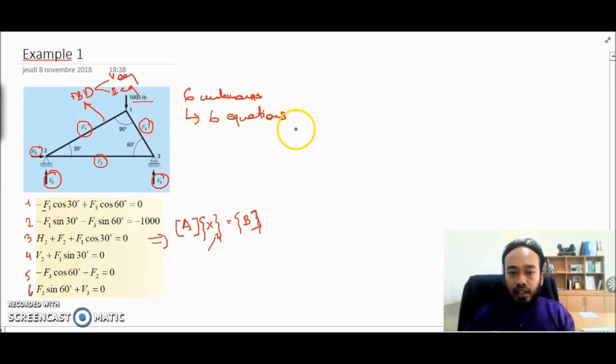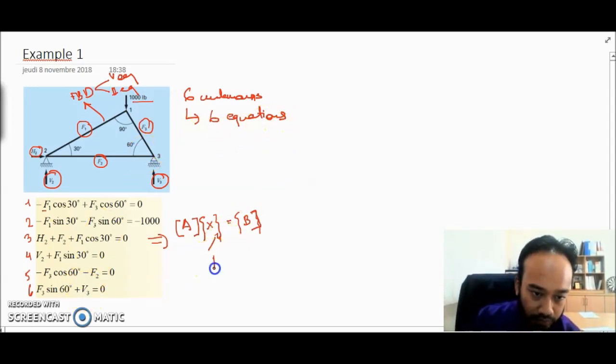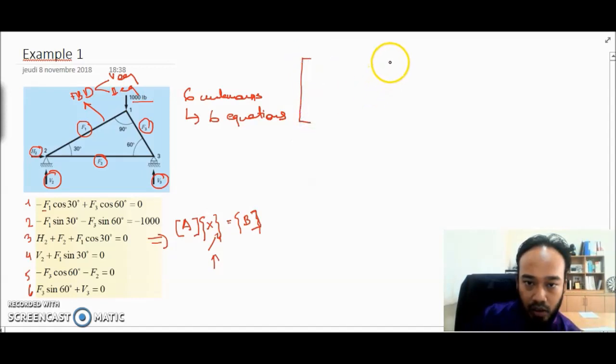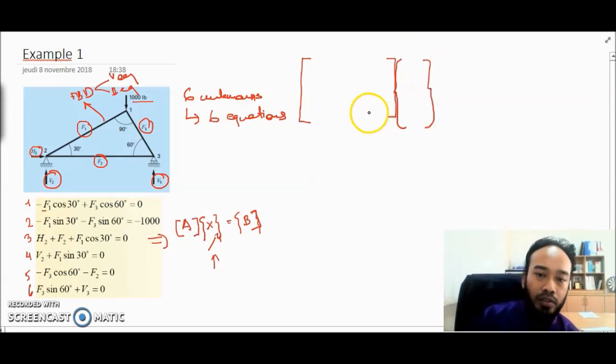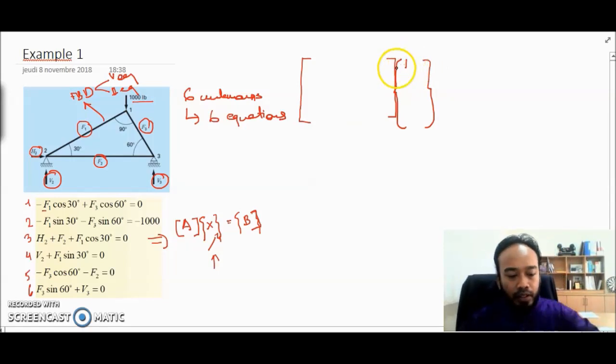So let's write the column of the unknowns first. There's going to be a matrix of coefficients, where a coefficient is the multiplier of your unknowns, and then a column matrix for your unknowns. I think it's a bit small, so I'm going to make it bigger.